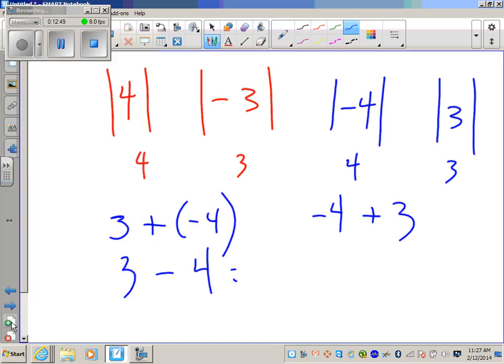Kind of like when we stepped into big boy math and we said we no longer have remainders. Now it's possible to say, you know what? I started with 3. I took away 4. Yes, that is possible. It's just going to put me on the negative side. Okay, if I started at 3 and went 4 places to the left, it's going to put me at negative 1. Okay, just like here. Negative 4 plus 3. If I start at negative 4, and I go 3 places to the right, it's still going to put me at negative 1.